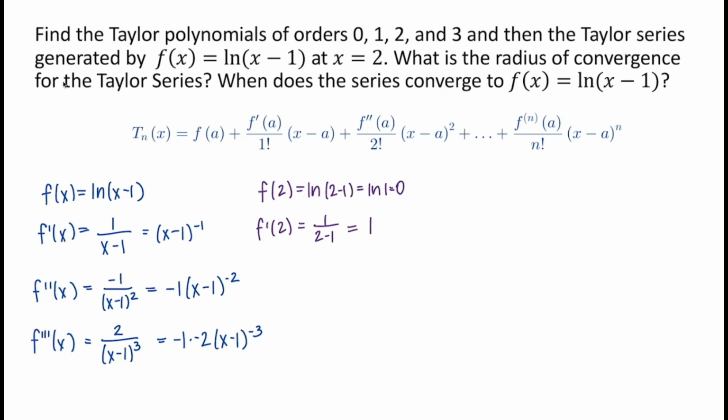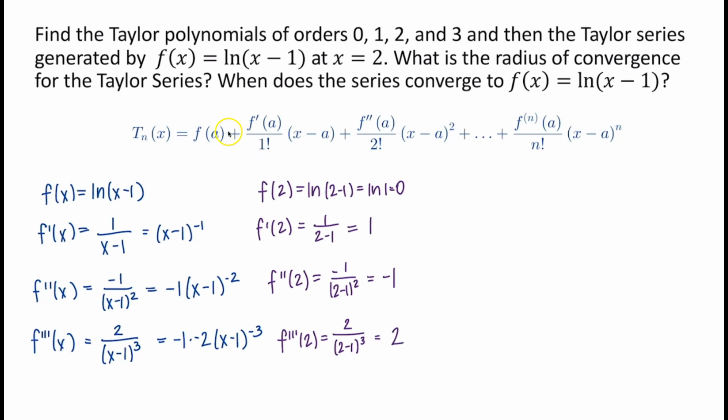That's just 1. F double prime of 2, that's negative 1 over 2 minus 1 squared. So that's going to give me a negative 1. And then the third derivative at 2 is going to be 2 over 2 minus 1 cubed. So that's going to be just a positive 2.